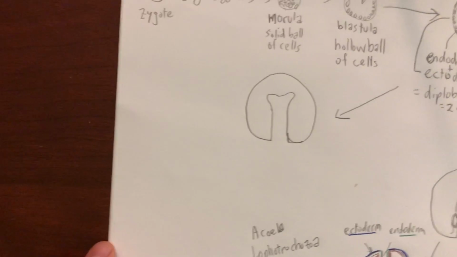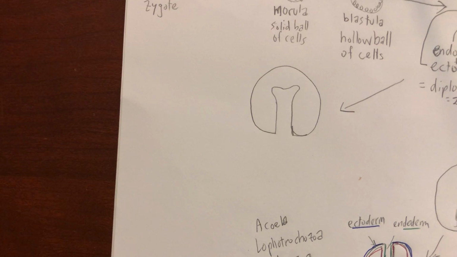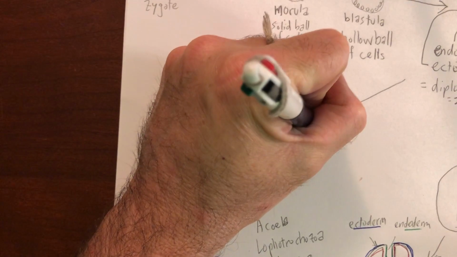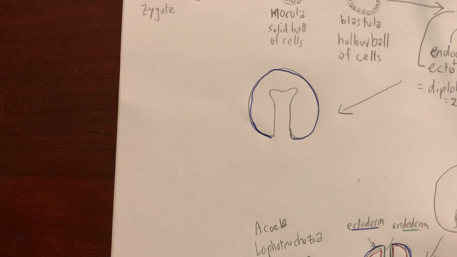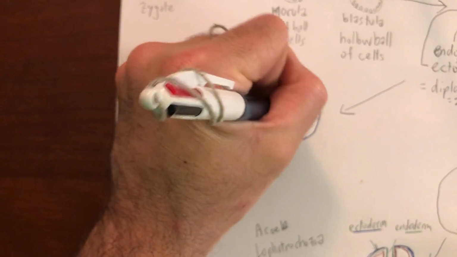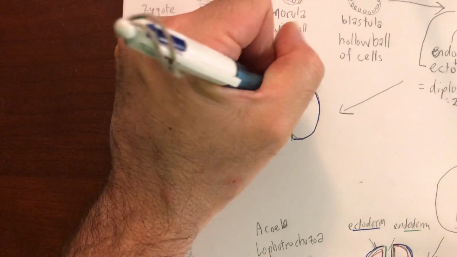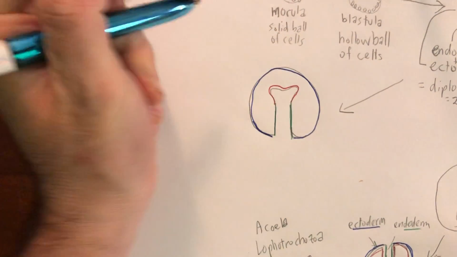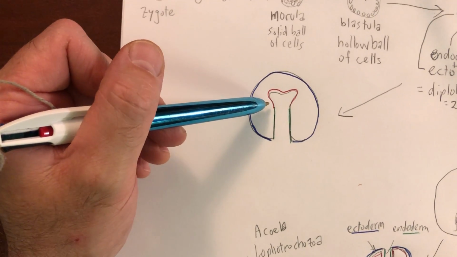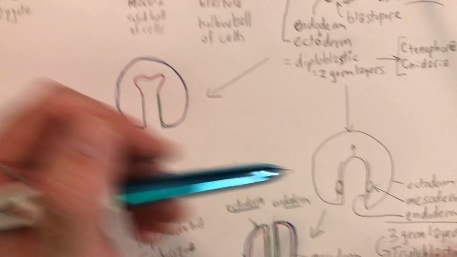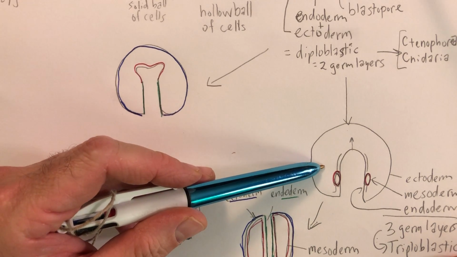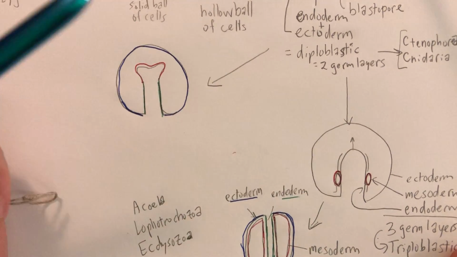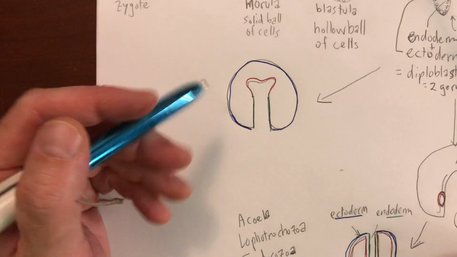So here's what happens to you and me and a number of other animals: we develop to be triploblastic, but we still have our gastrula that has ectoderm, and it still has endoderm, but our mesoderm actually arises from a pinching off inside of the archenteron. So over here, remember that mesoderm in the protostomes kind of started on the inside of the blastocele, but here it's getting pinched off from the archenteron.